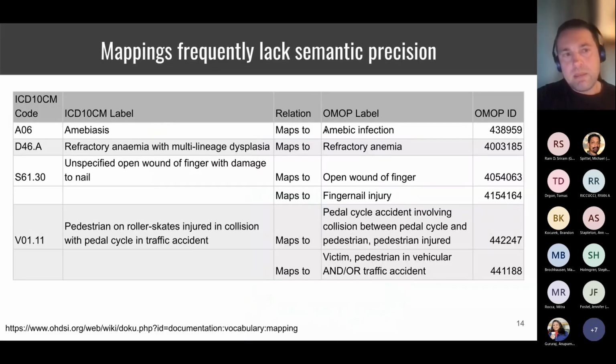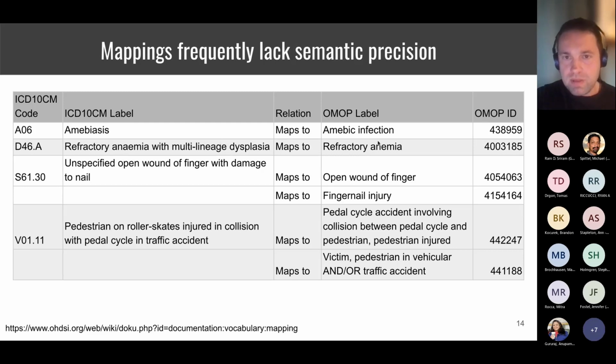And while maps2 may be okay for something like amoebiasis in ICD-10-CM to amoebic infection, it is definitely clear that refractory anemia with multilineage dysplasia is a narrower term than refractory anemia.